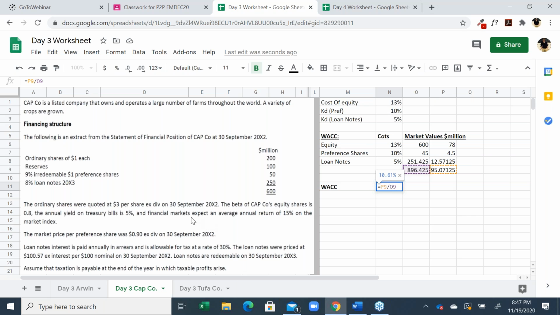Valentine, yes, it's 5.6, but you haven't divided it by the market value. We should divide it by the market value as well. We should divide 5.6 by the market value as well. And then we are going to get the cost of debt.